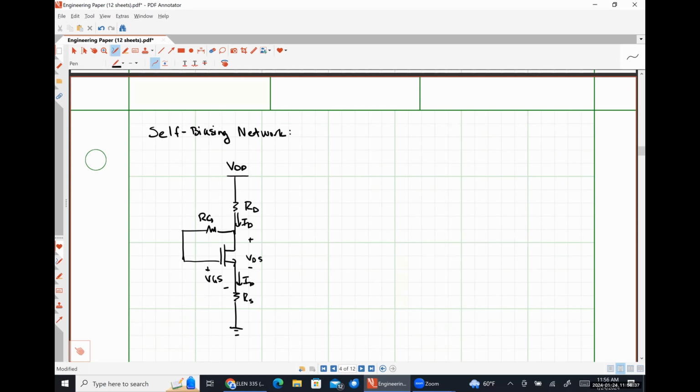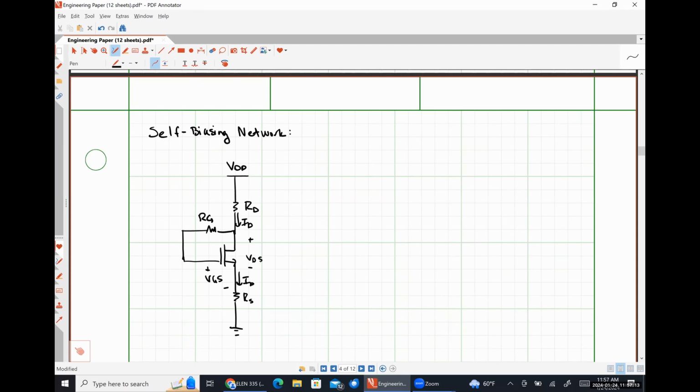So what's the relationship between VGS and VDS in this circuit? How are VGS and VDS related to each other? Laimi, I believe, just said that they are the same. That's true. VDS and VGS are literally the same because there can't be a voltage drop across resistor RG because there's no current flowing into the gate.